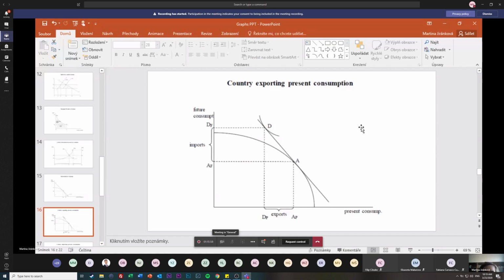I have told you, the oil countries had dollars, but they couldn't invest, so they gave loans to other countries. So they exported present consumption. These exports are giving loans.